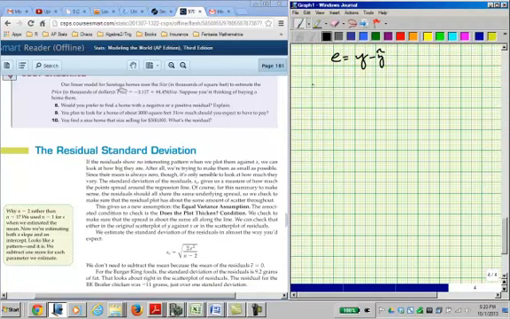So the standard deviation of the residuals equals the square root of the sum of y minus y hat squared, divided by, only in this case, n minus 2. Now the reason for this is you lose 2 degrees of freedom instead of just 1, because you have 2 means involved in order to produce a residual. You have the mean for the x coordinates and the mean for the y coordinates.